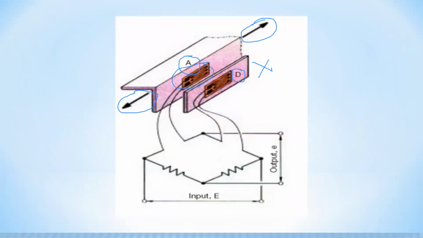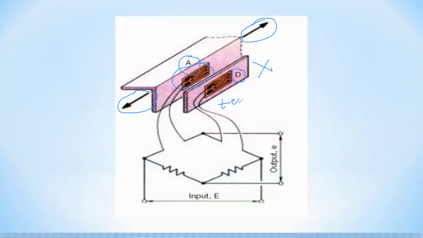So this strain gauge is connected to a Wheatstone bridge circuit. That means the resistance is changed in this circuit with the help of the A strain gauge. Automatically the resistance is changed and automatically the temperature of the strain gauges is changed.